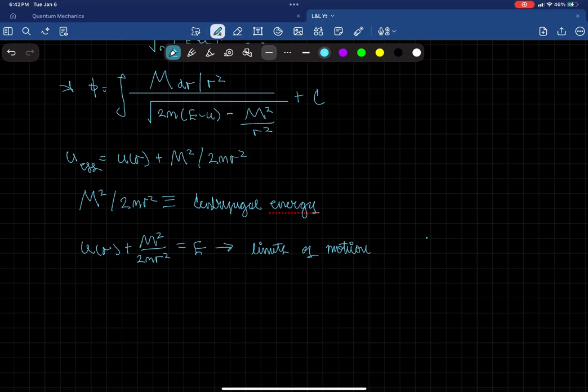When this energy equation is satisfied, the radial velocity r dot is 0.